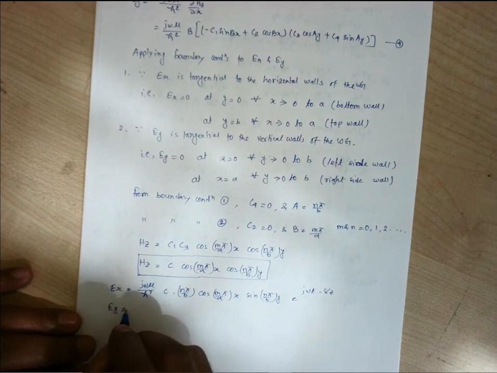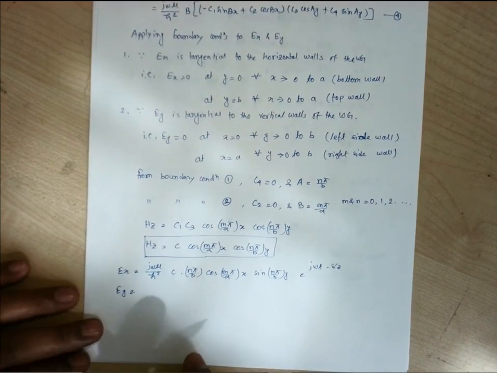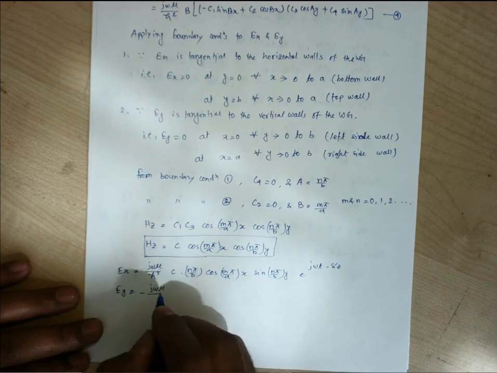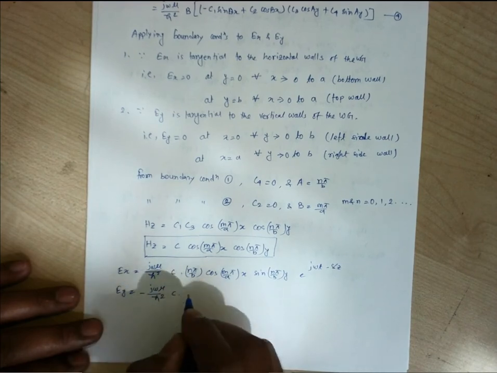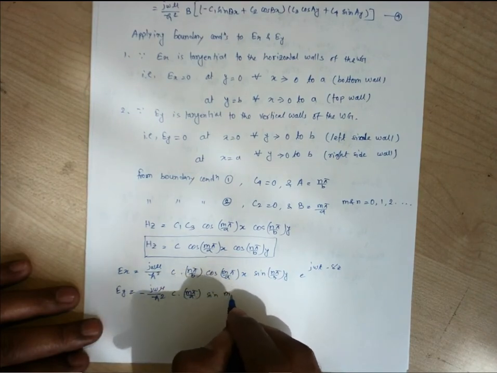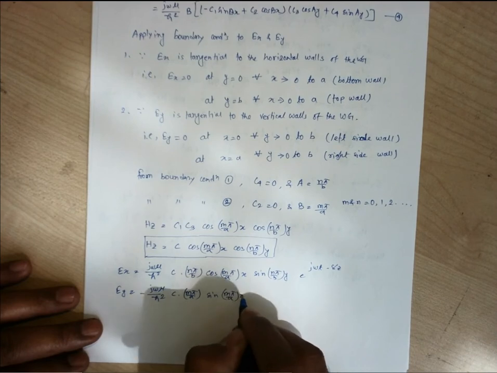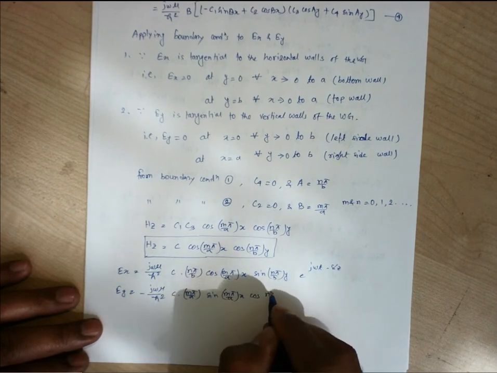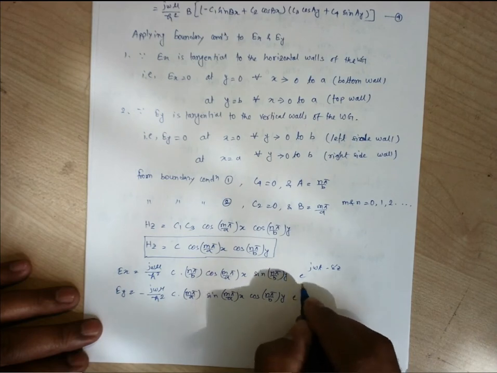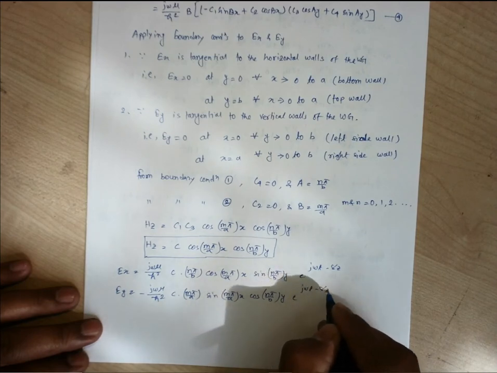Ey is minus j omega mu by h square c into m pi by a sin m pi by a x cos n pi by b y e to the power j omega t minus gamma z.